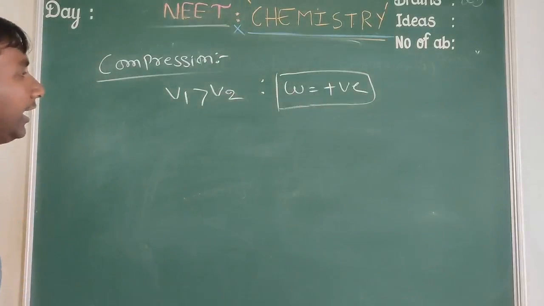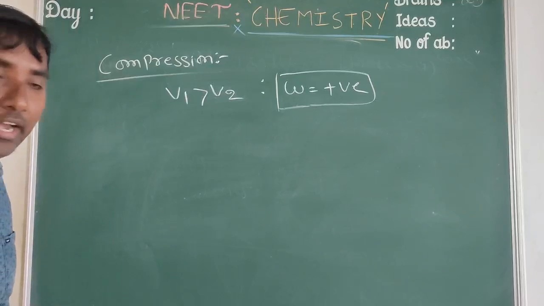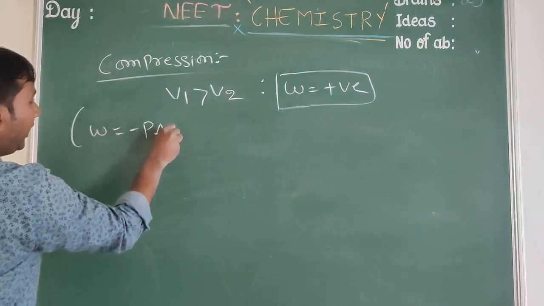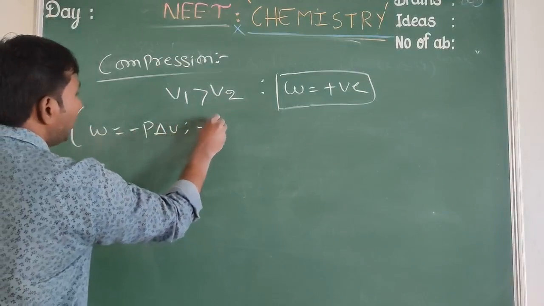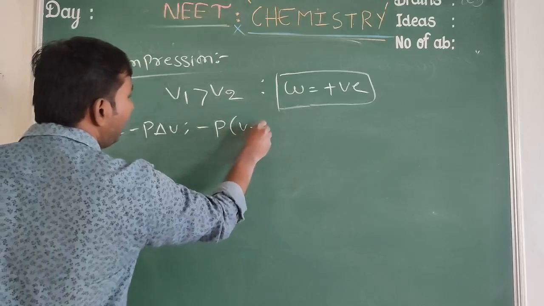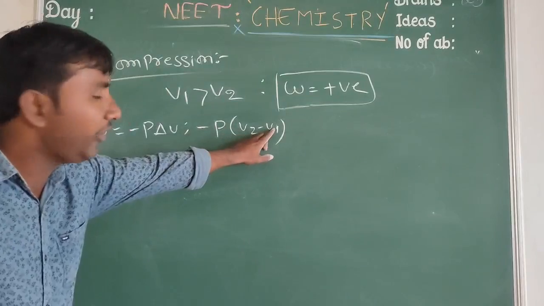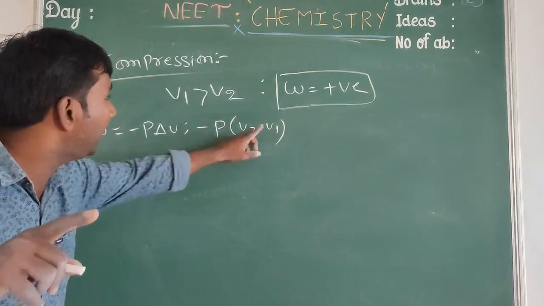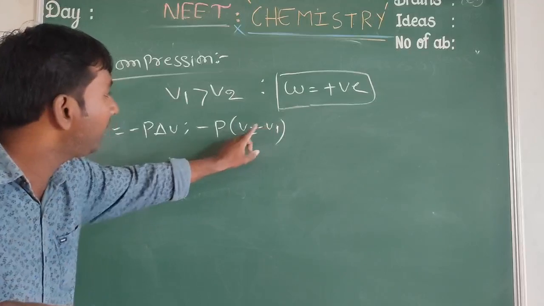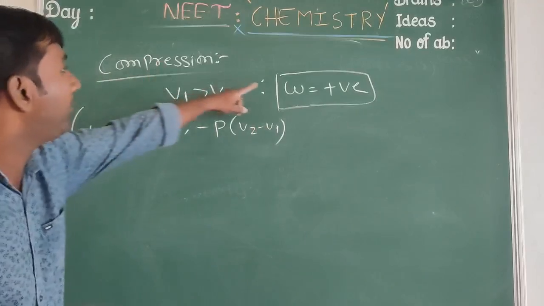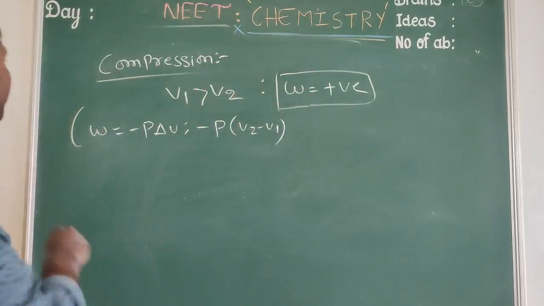Why? Because W equals minus P delta V, that is minus P times V2 minus V1. Since V1 is more than V2, minus into minus gives plus. That's why W is positive.